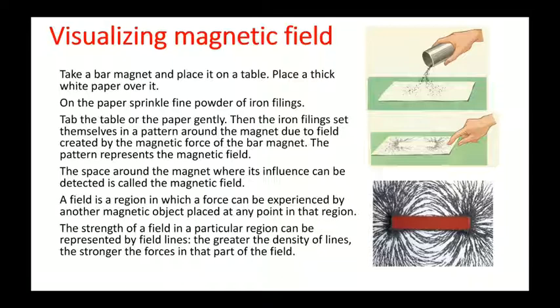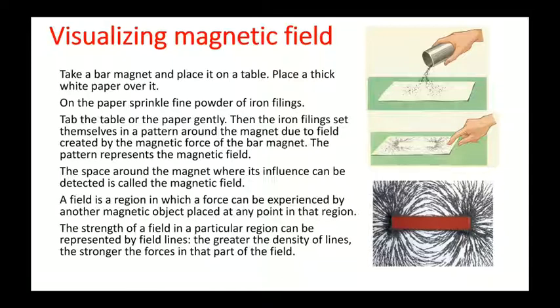For example, if we place any other magnet or magnetic material in this region of the bar magnet, that second particle experiences a force from the bar magnet. Now I will explain a simple example.